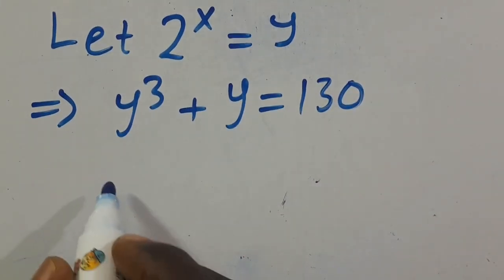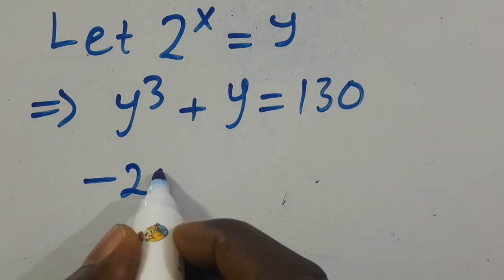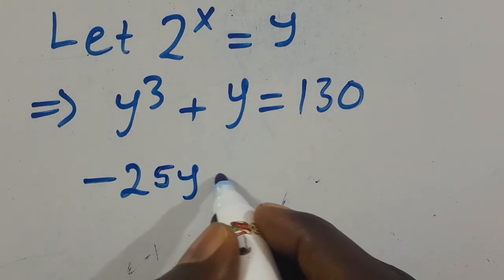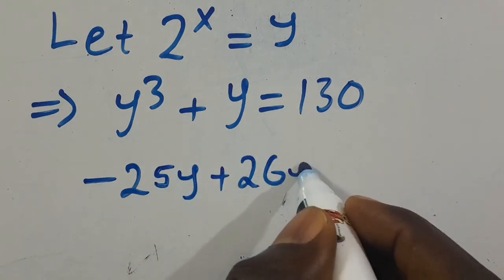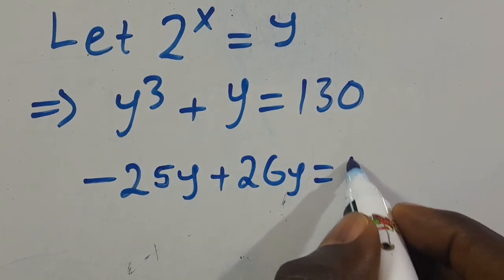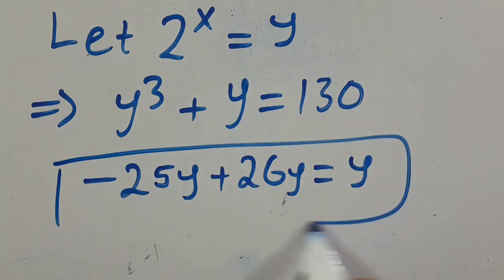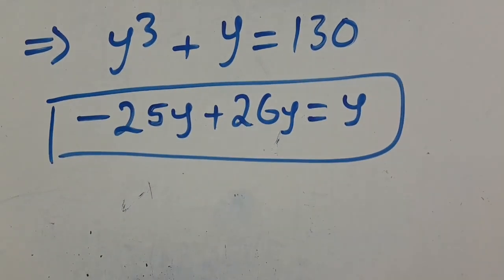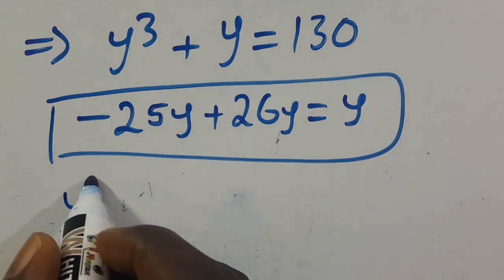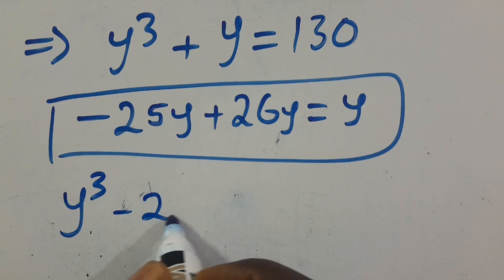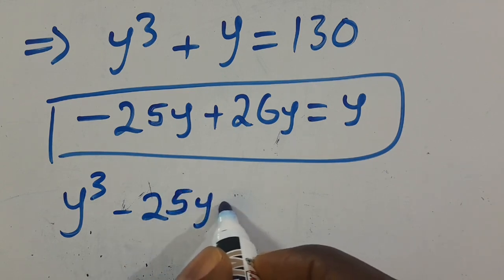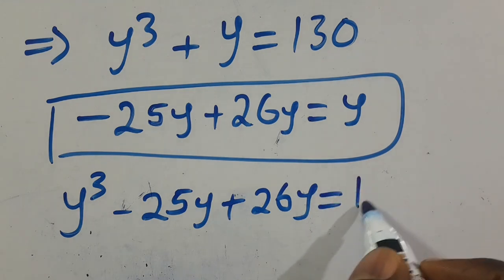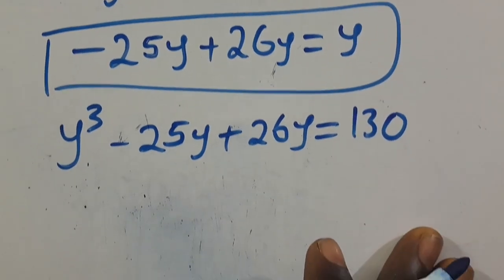Then remember that when you have minus 25y plus 26y, it gives you y. So therefore, let's put it here. Then we are going to have y to the power of 3 minus 25y plus 26y, and everything equals 130.